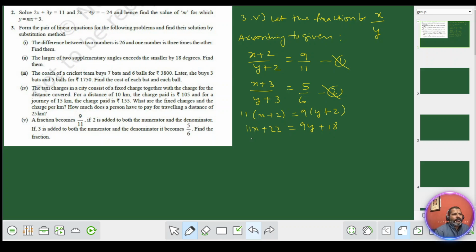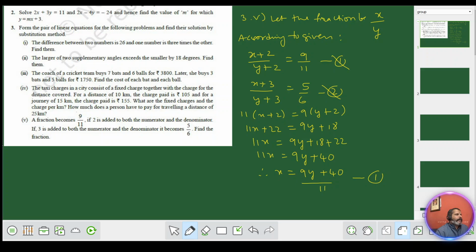So we say 11x is equal to 9y plus 18 plus 22. 11x equal to 9y plus 40. Therefore, x equal to (9y plus 40) by 11. This is one equation.